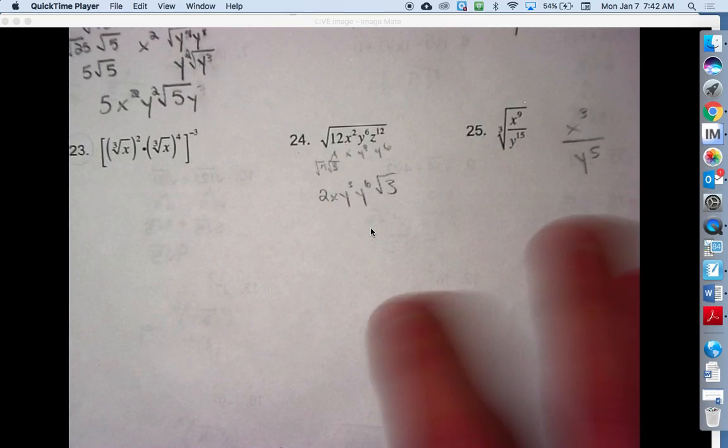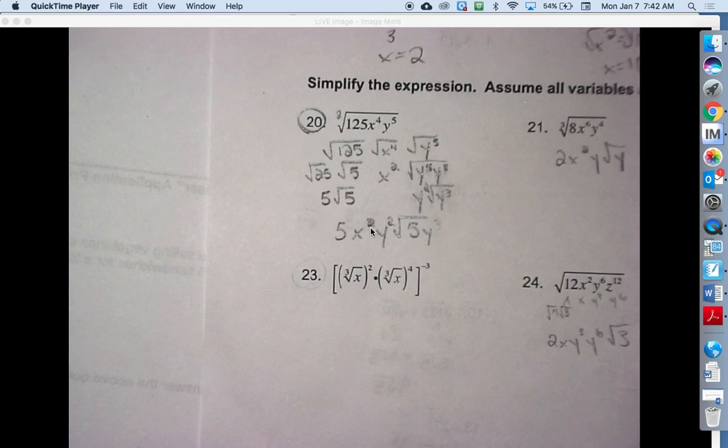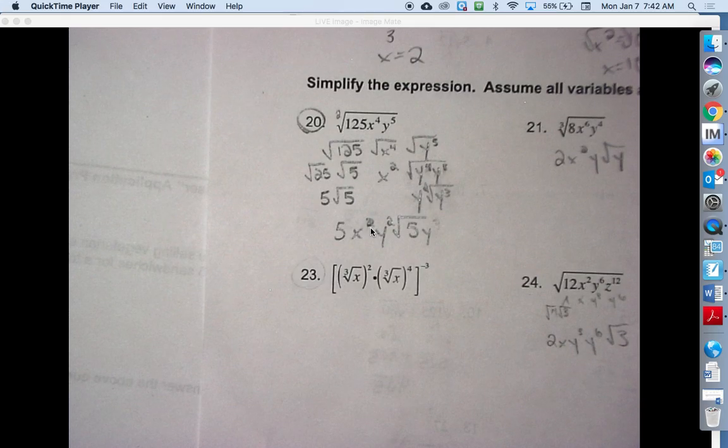And Garrett has number 20. I had a 20, which was the square root of 125 x to the fourth and y to the fifth. There's no square root of 125, so I factored it to square root of 25 and square root of 5, which is 5 square root of 5.